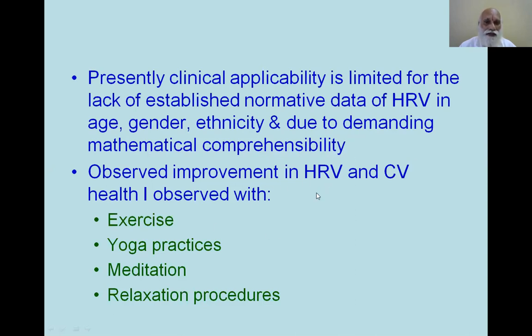Improvement in heart rate variability and cardiovascular health is observed with exercise, yoga practices, meditation, relaxation procedures, etc. So even after all this is performed for some period or long periods, you find HRV is good, HRV is high.